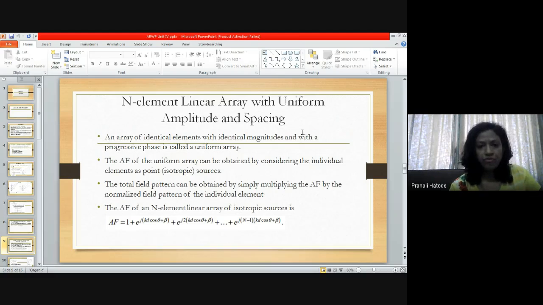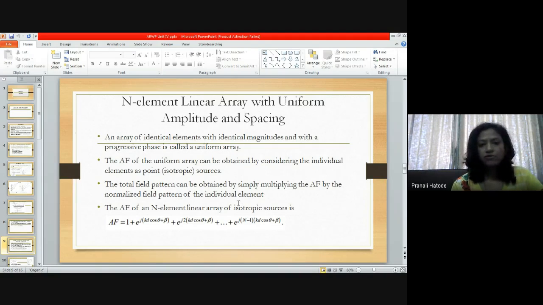Any array having identical elements, identical magnitudes applied to them, and a progressive phase applied across the array is called a uniform array. The magnitude has to be identical, but the phase has to progress across the different elements. Then it is called a uniform array.